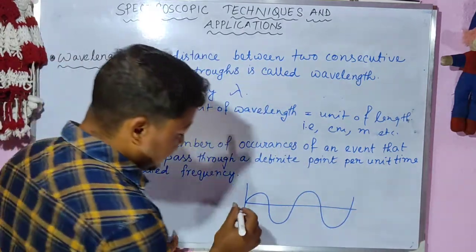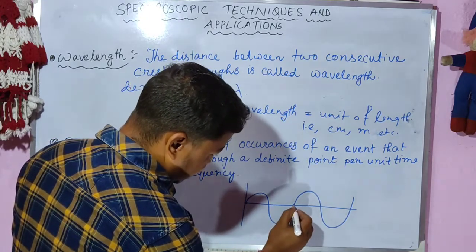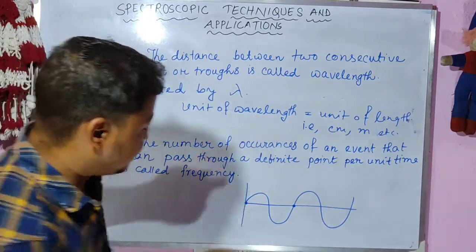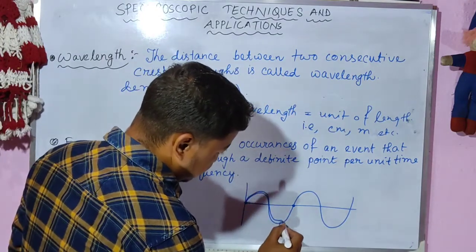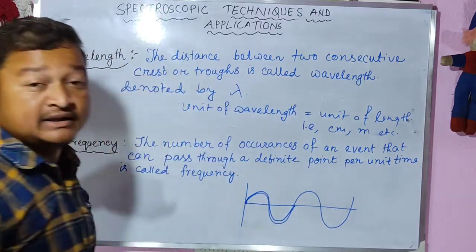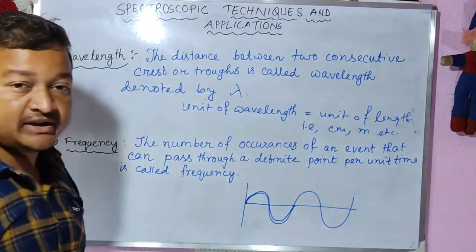Here a complete event is from here to here. This complete event in unit time, how many times does it repeat? That is the frequency.